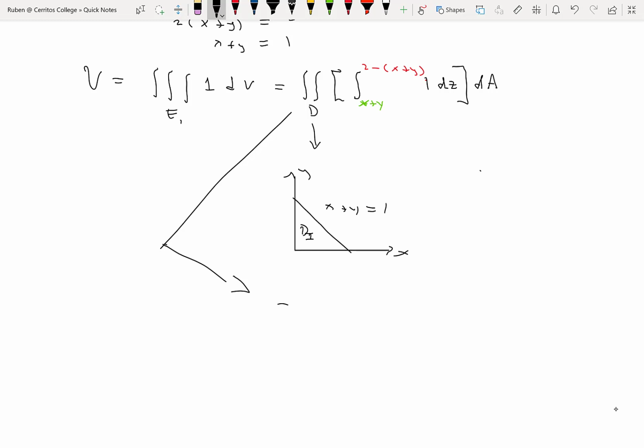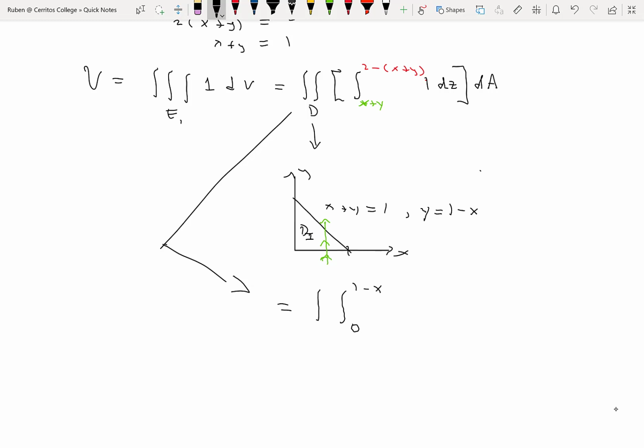So our volume then equals, considering this as a type I region, function on the bottom, function on the top. Remember the technique of putting a line through your region. The green line passes through our type I region as y varies from 0 to 1 minus x.